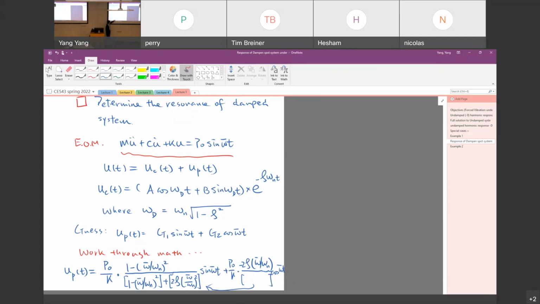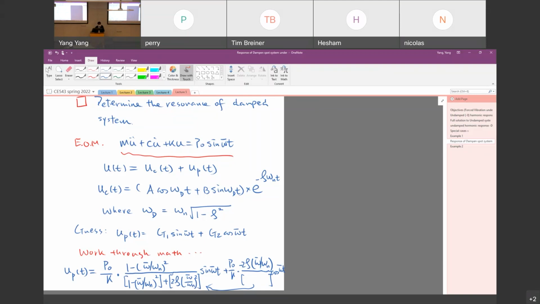As you can see, we have two parts. This is the amplitude of the sine wave, and this is the amplitude of the cosine wave. The amplitudes are a little bit different. If we use beta as the frequency ratio, we can simplify this.